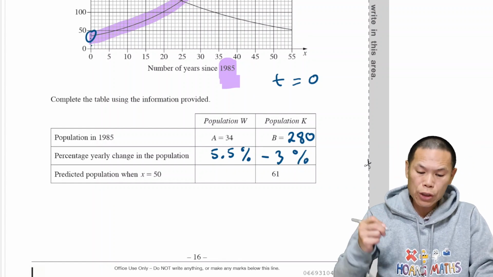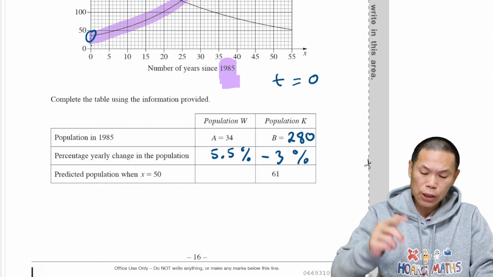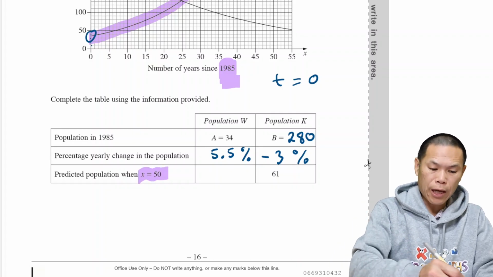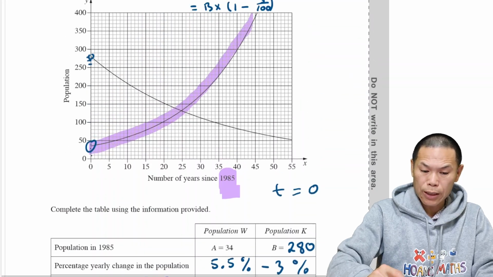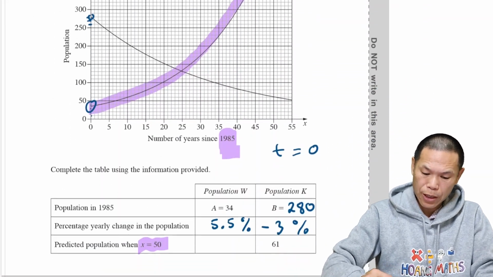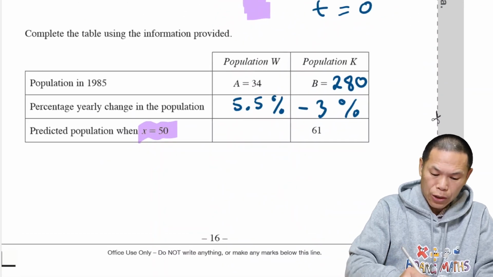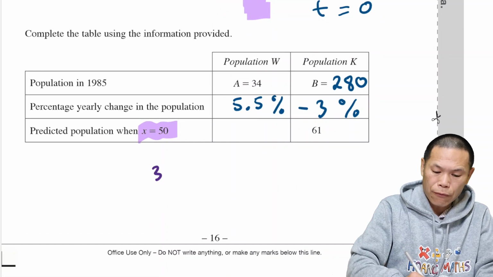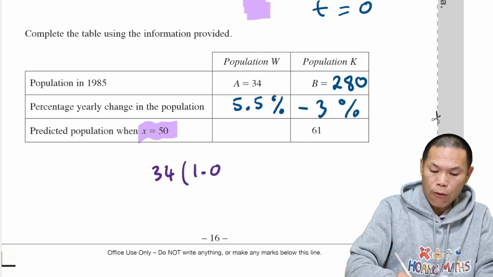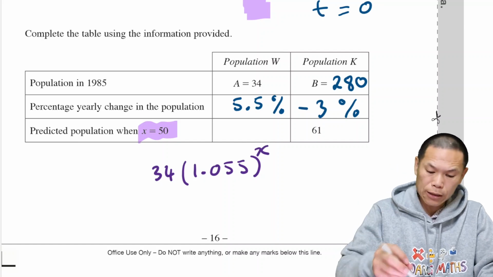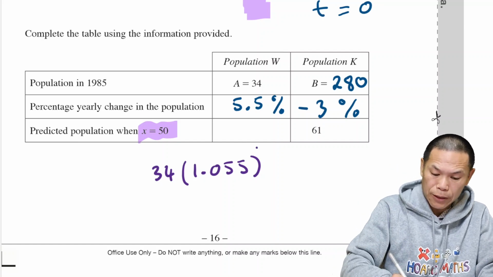Okay. So now we need to predict the population for W when X is 50. And we know that W is this model here. And we know A is 34. Let me write this down. So that is for population W. So 34 times 1.055 to the power of x. But in this case, x is 50. So we just write 50 here.